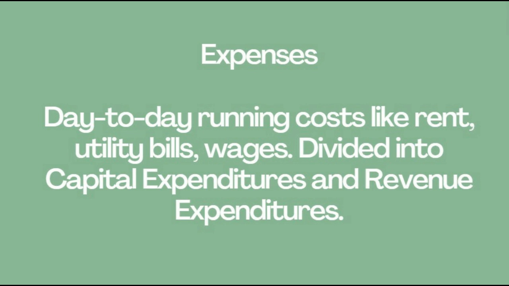So the revenue expenditure determines the profit, whereas the capital expenditure determines the gross profit. So it is important to create a distinction between capital expenditure and revenue expenditure because this can either overstate or understate our profits. It is very important for an accountant to see whether the expenditure made is capital or revenue.